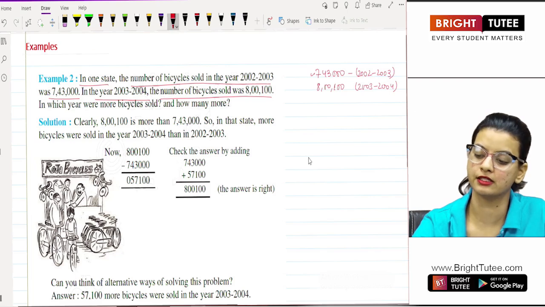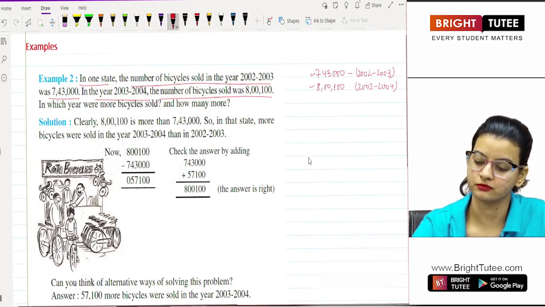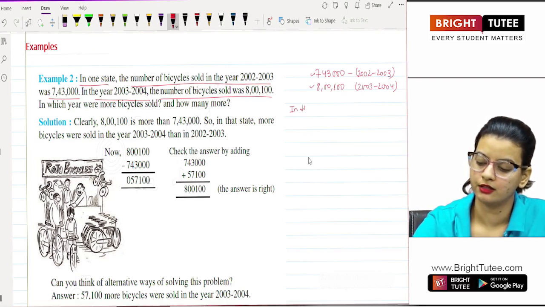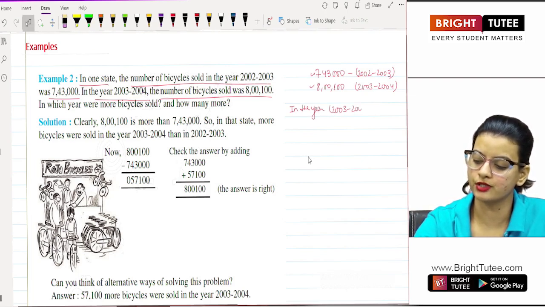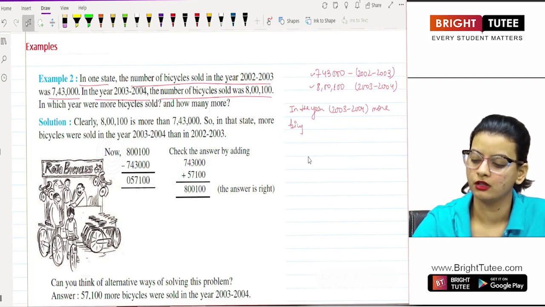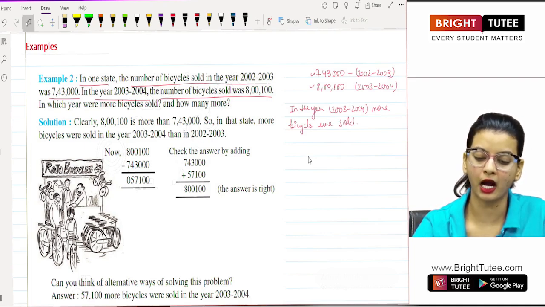So, by seeing this value, I can say that in the year 2003 to 2004, more bicycles were sold. Now, we have to find out by how much more.